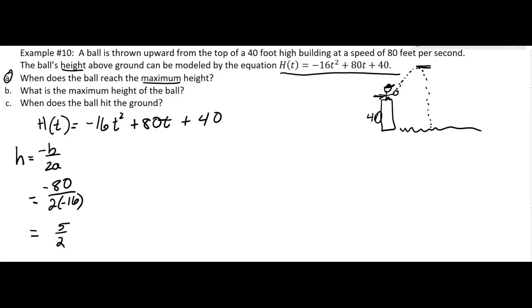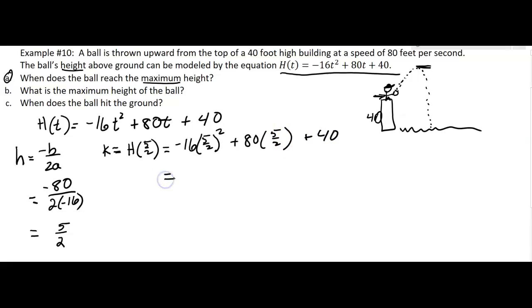Okay. Then to find k, that's going to equal capital H of 5 over 2. And so that's going to equal negative 16 times 5 over 2 squared, plus 80 times 5 over 2, plus 40.